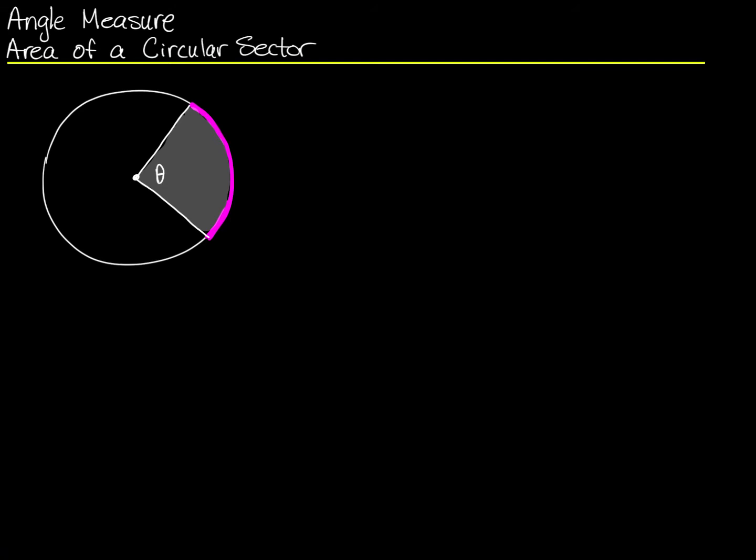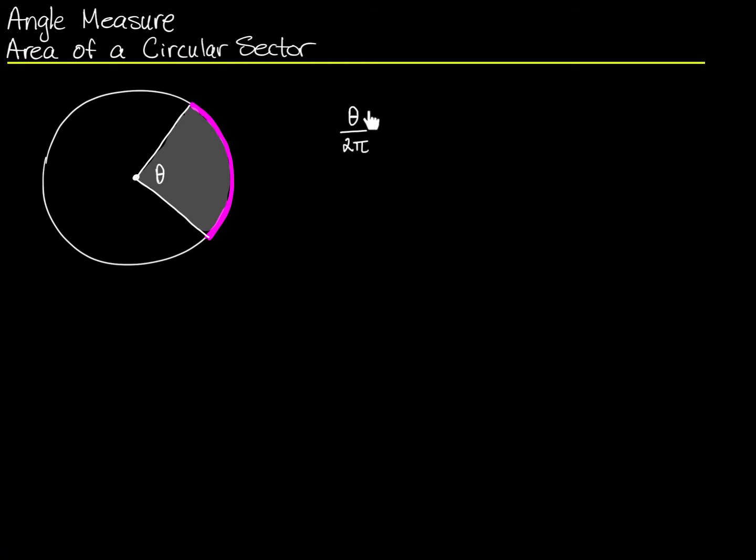When I derived the formula for the circular arc, I mentioned that the portion of the circle represented by the angle theta was just a fraction of the entire circle. The same thing is true here.